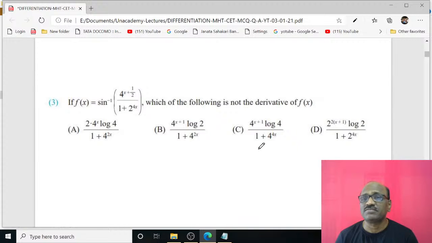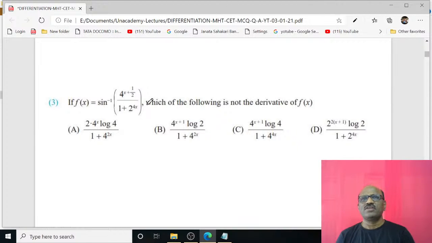The C is a different one, and hence 4 raised to x plus 1 into log of 4 upon 1 plus 4 raised to 4x is not the derivative of f of x is equal to sine inverse in bracket 4 raised to x plus 1 upon 2 upon 1 plus 2 raised to 4x.